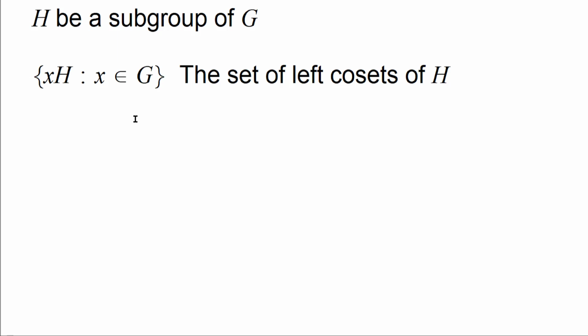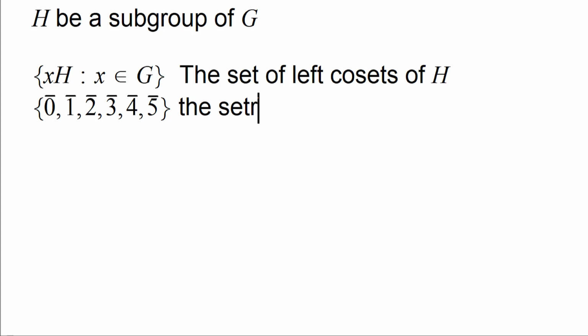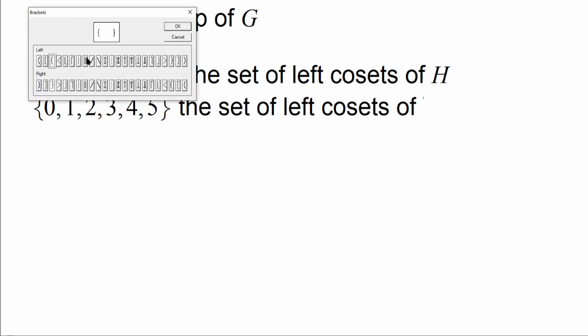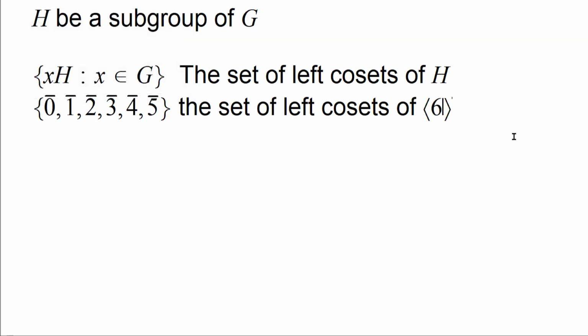For example, this was the set of left cosets of the cyclic group generated by 6 in Z, and we saw that this is a group with respect to addition modulo 6.